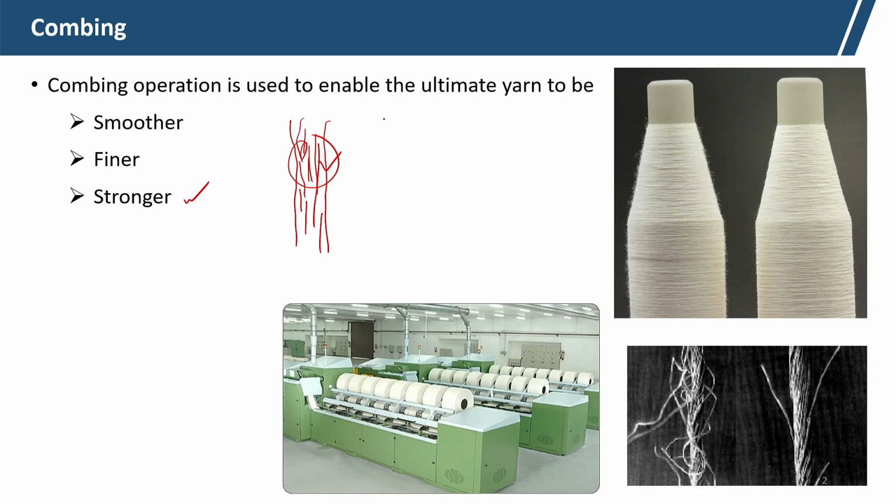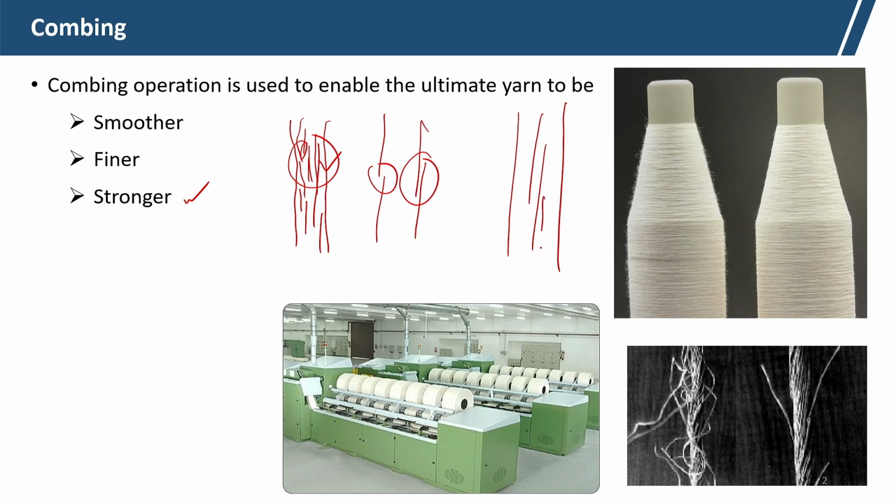If we assume that this is one disconnect, the contact area is the area of overlap. So, total contact area per disconnect is much lower than in the case of combed fiber. In combed fiber the short fibers are removed, so total contact area per disconnect will be higher. So, the yarn becomes stronger.